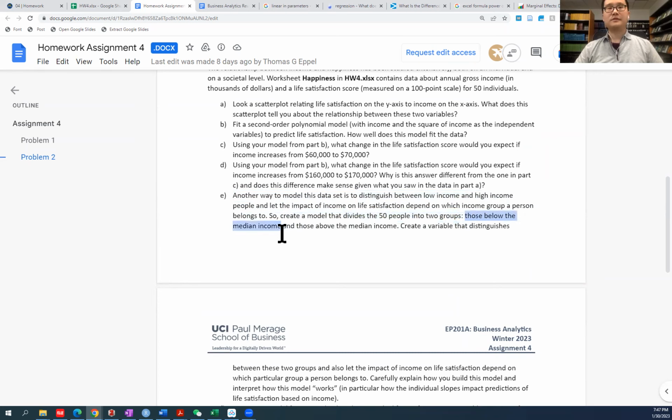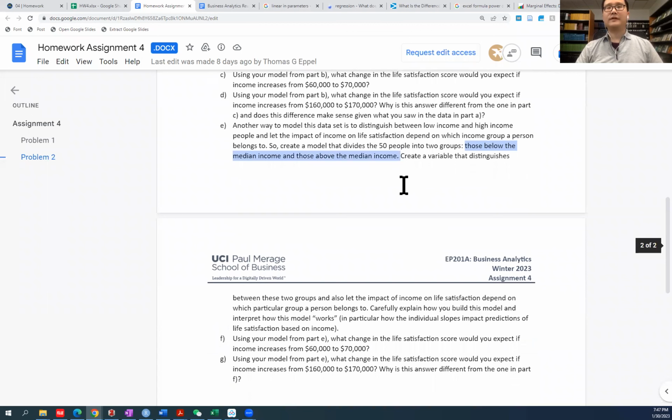One group belongs to the low income group, where the income is below the median income, whereas the other is the high income group, where the income is above the median value. Then we create a variable to distinguish between these two groups, and also let the impact of income on life satisfaction depend on the group assignment. Then we need to explain the model and how it works.